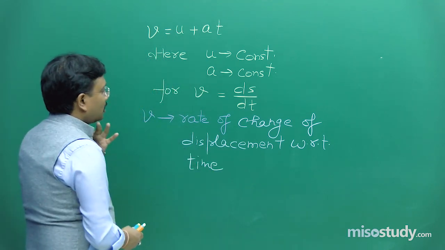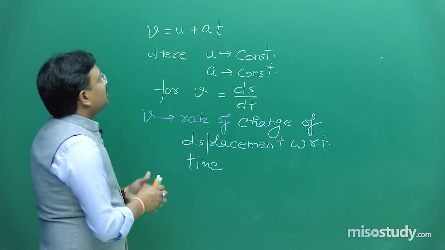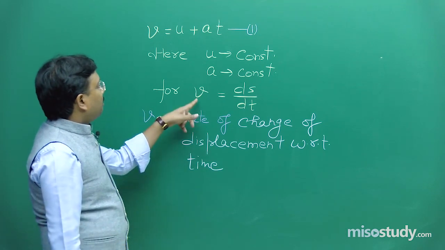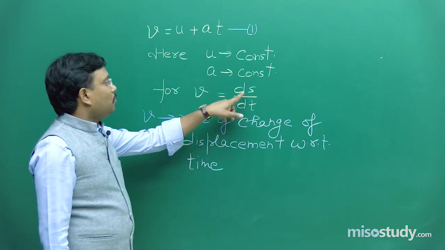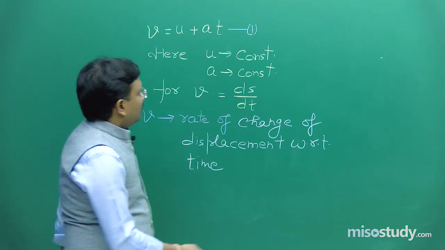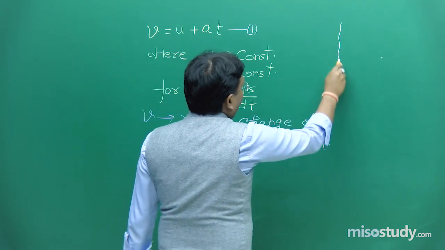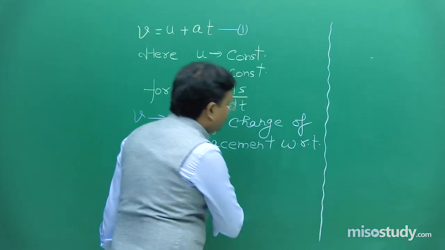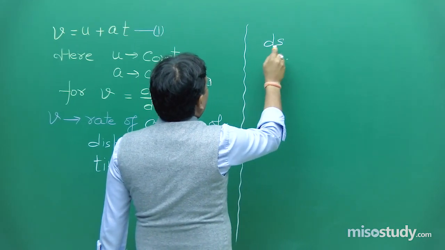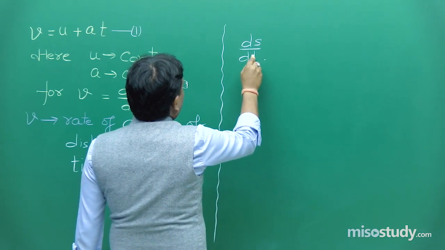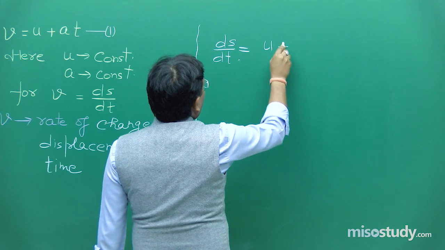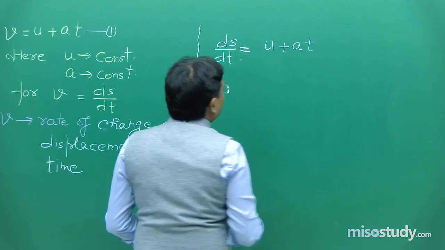Okay. No problem. So, in this equation number 1, at the place of v, I will write down ds by dt. Okay. So, let us move to this green board, and let me mention it as ds by dt is equal to u plus at.